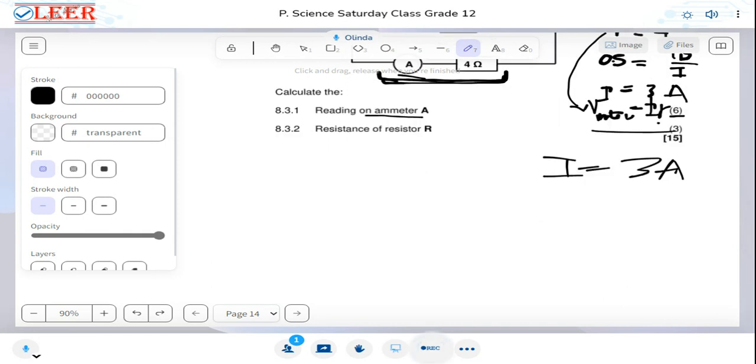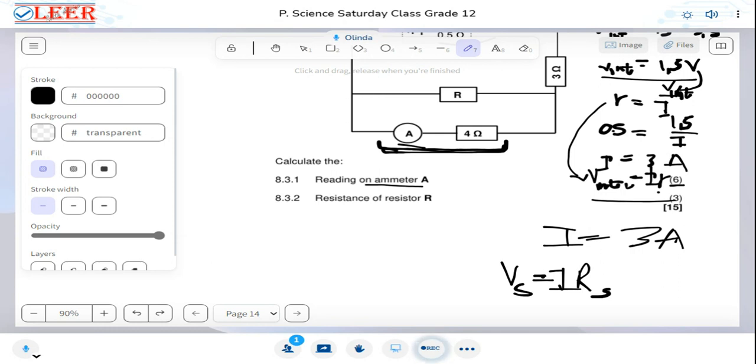So we have voltage in series is equal to I times resistance in series. It's almost like we calculated the total resistance, but the reading here is going to be connected to this resistance that sits in series. Okay, cool.